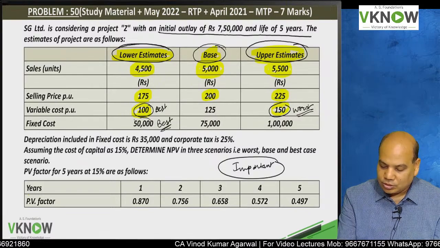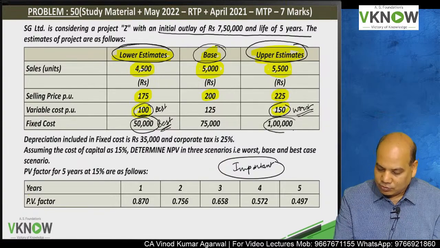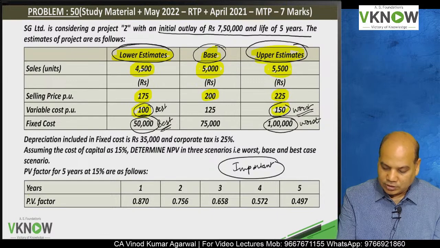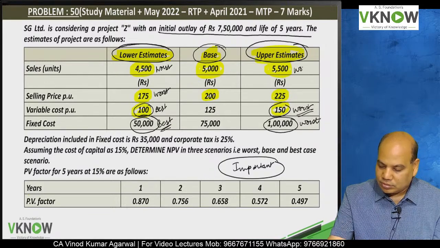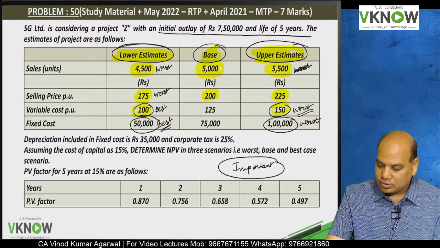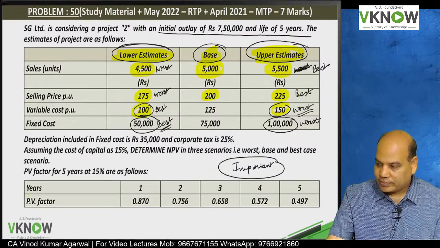In best scenario, fixed cost will be 550,000. In worst scenario, it will be 1 lakh, whereas this is in case of sales and selling price. These are worst scenario, sorry, this is best and this is best.